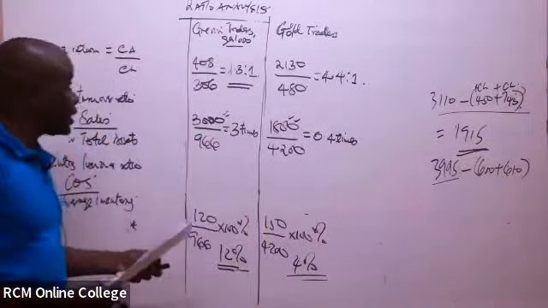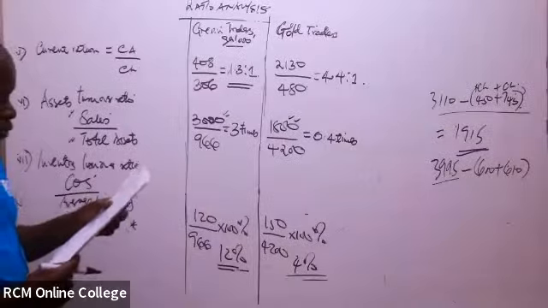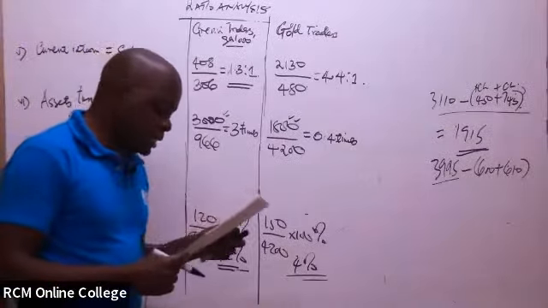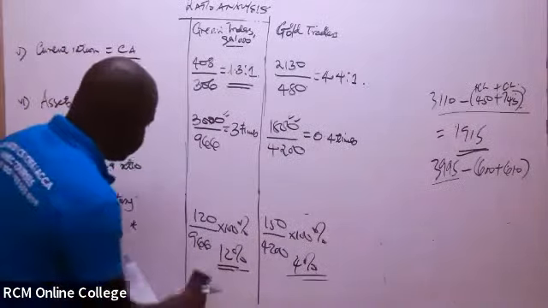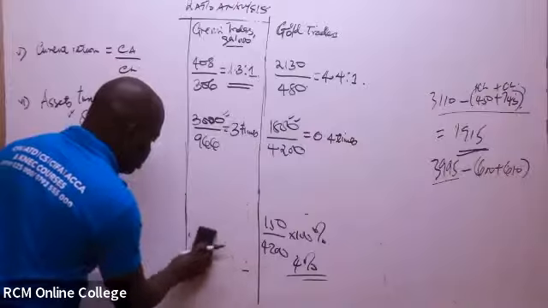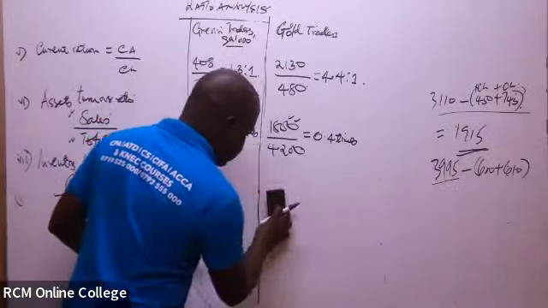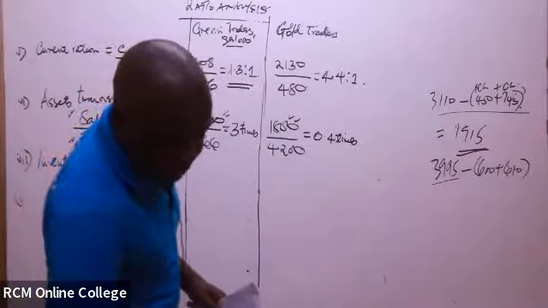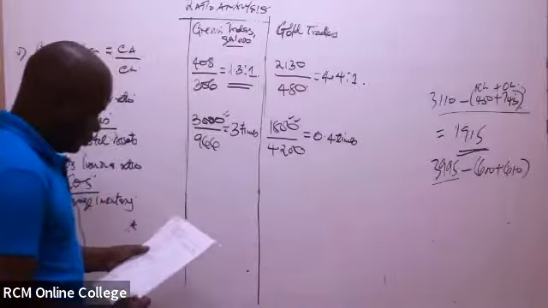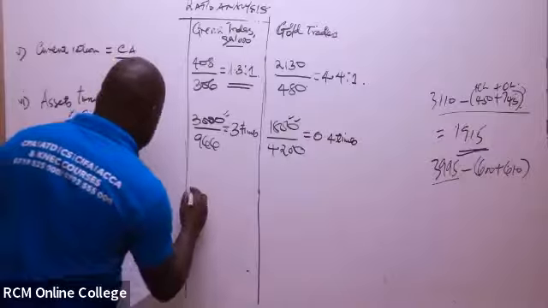So we look at Green Traders. The cost of sales, which they have already computed in the income statement, is 2,400.